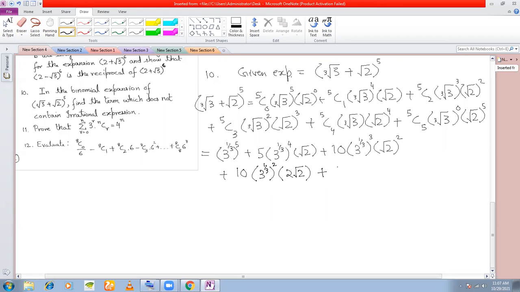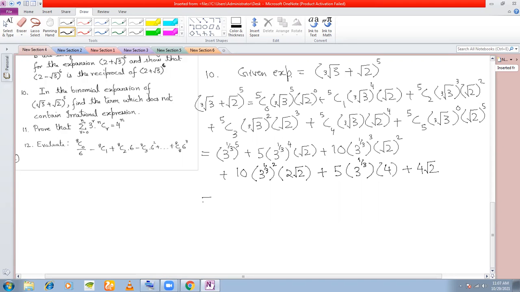Plus 5c4 is the same as 5c1, which is 5. So 3 to the power of 1/3 into root 2 to the power of 4 means 2 into 2, which is 4. Plus 5c5 is 1, cube root of 3 to the power of 0 is 1. And root 2 to the power of 5 is 2 into 2 into root 2. That means 4 root 2.